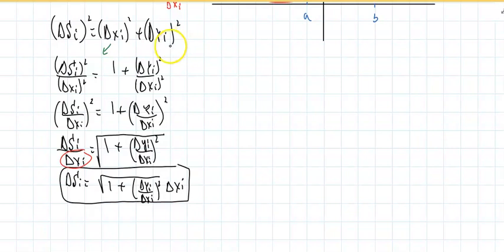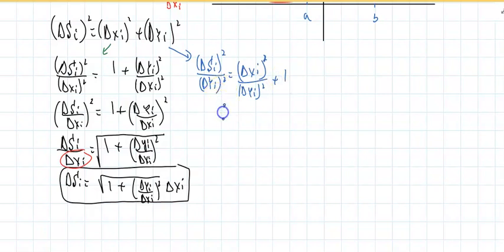Now keep in mind, I could have approached this differently. I could have said, why divide by delta x? I want to divide by delta y. So if I divide each of those by delta y sub i squared, that will be delta x sub i squared over delta y sub i squared.